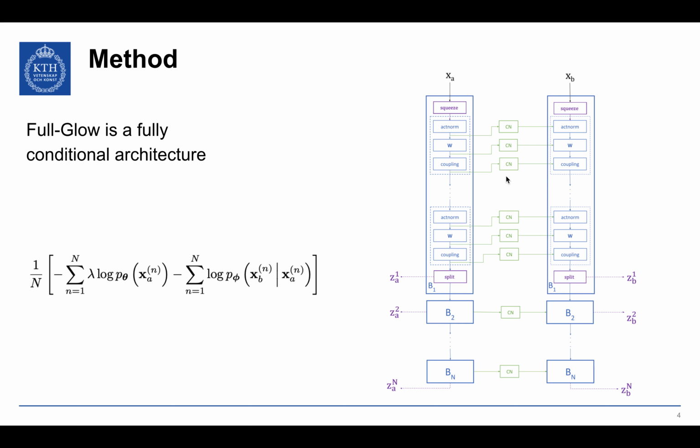The hope is that by doing so, we can learn a better conditional distribution of the target domain and could possibly synthesize better images in the target domain. So overall, the general architecture takes a pair of images, one in the source and one in the target domain, during training and tries to optimize the joint log likelihood of the data.